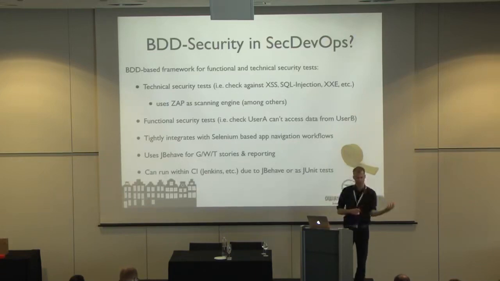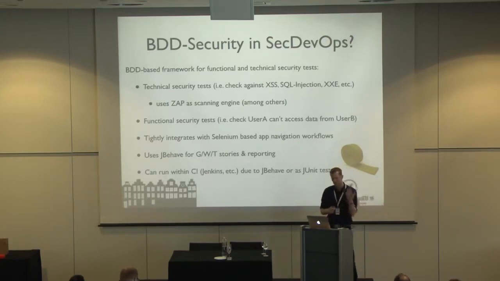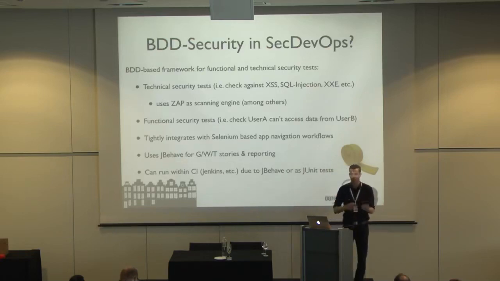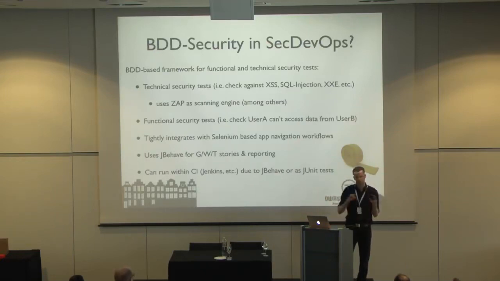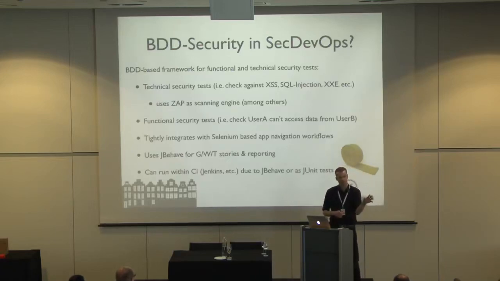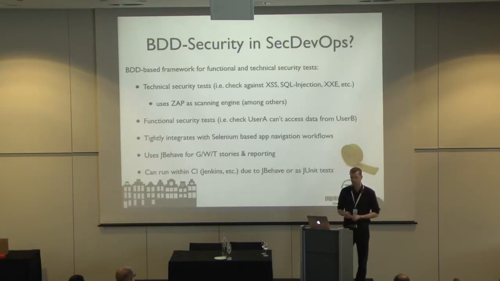So you can describe technical tests like scans, or you can describe functional security tests like privilege escalation checks focusing on your application. Due to the fact that this framework is using JBehave as the behavior-driven design vehicle, it tightly integrates into the world of test automation, meaning in a Jenkins job, you can very well use the output of that kind of framework and process it further, link it to the build, like the JUnit reports that you know can be linked in a build as well.